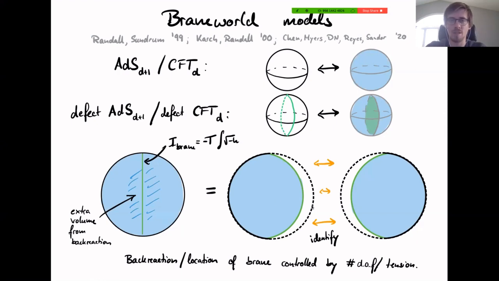So here, this is not a duality. This is just an equality. I just go to a different coordinate system between those two descriptions. My duality is just that CFT is dual to AdS, and here CFT with a defect is dual to AdS with a defect. And so this is up until now very standard AdS/CFT.